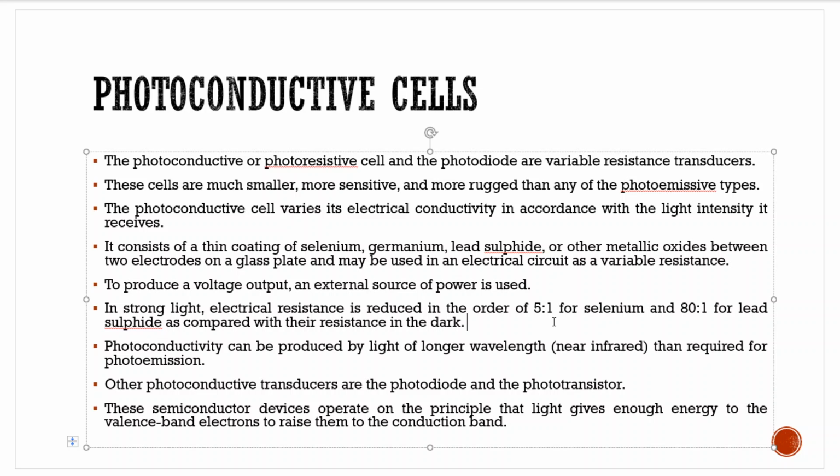There are still many other types of transducers available. You have microphones, carbon microphones, capacitive-based and electromagnetic-based microphones, which transmit and receive audio signals and generate electrical energy, and vice versa.